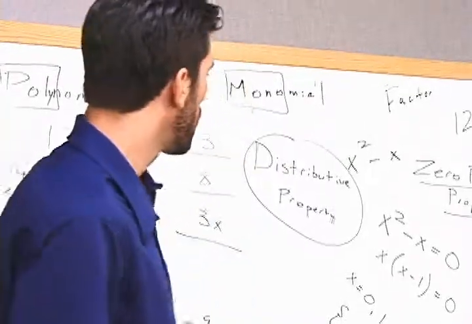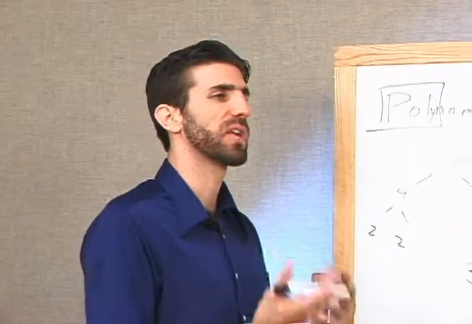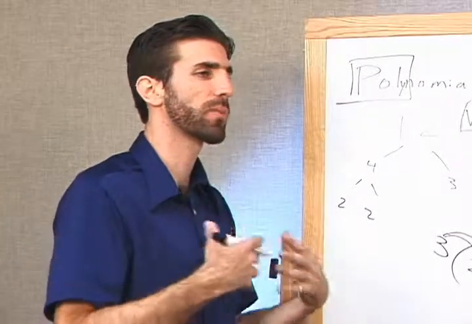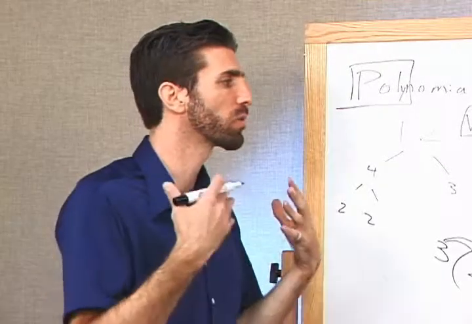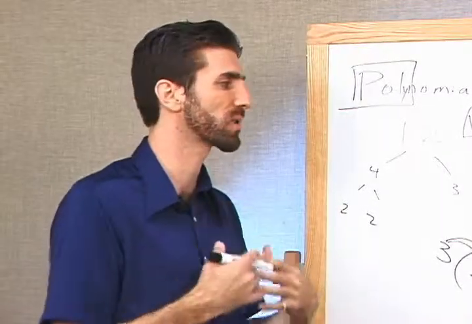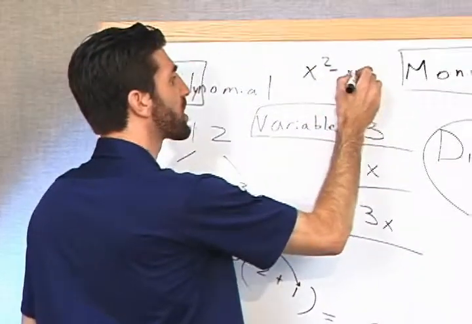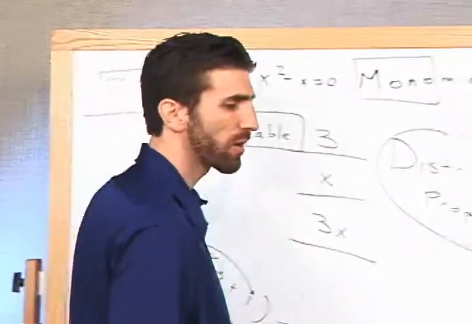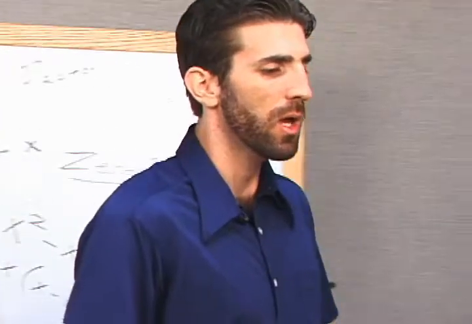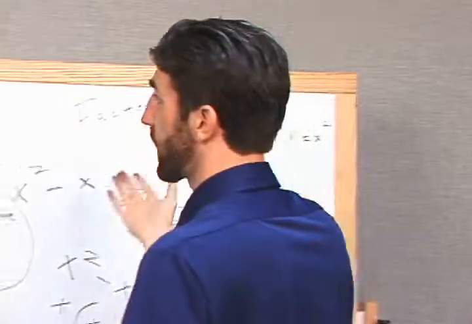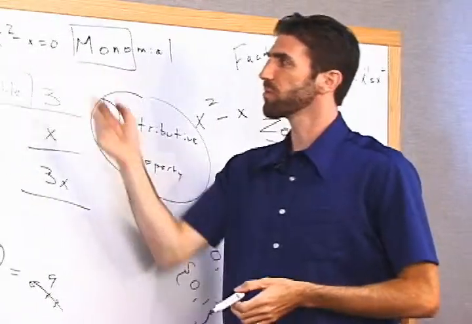All that being said, we're just trying to figure out easier ways to solve problems. If I wrote x squared minus x equals 0 and said, quickly, give me the answers, some of you might struggle to think immediately. Oh, 1 and 0. Some of you might see it immediately.